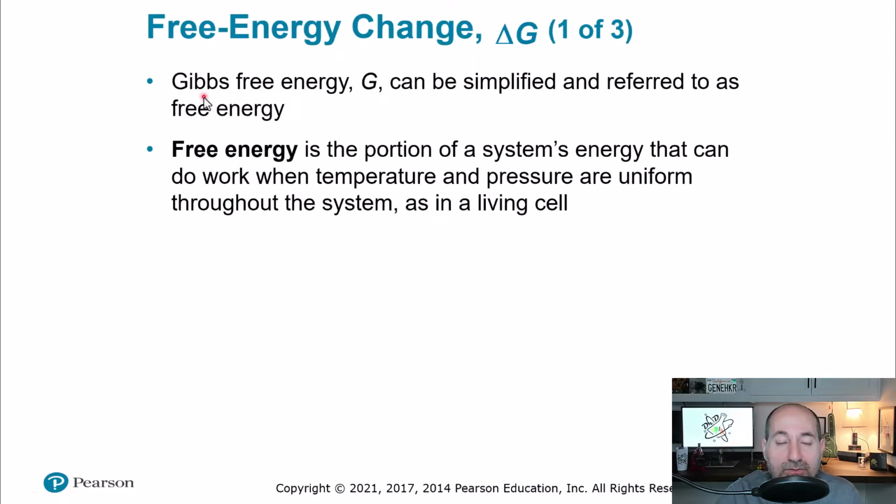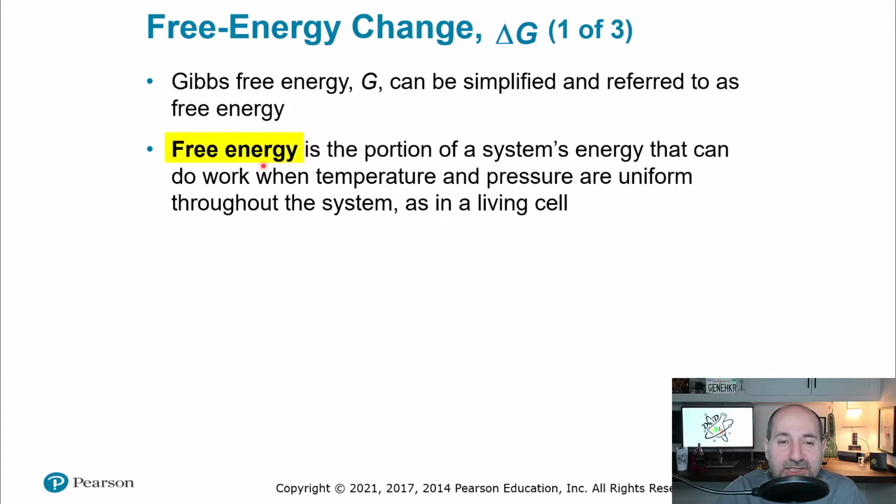Now, in order to understand how energy works, a gentleman by the name of Gibbs coined free energy. And now the capital letter G, after his own last name, is the unit for free energy.